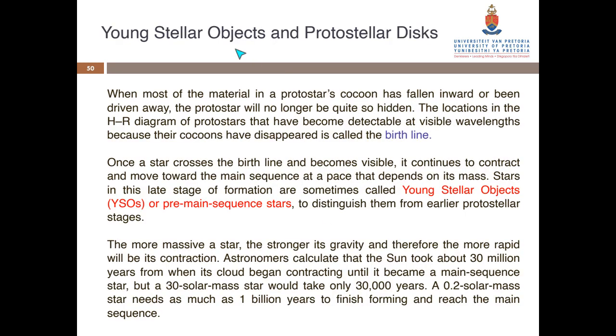When most of the material in a protostar's cocoon has fallen inward or been driven away, the protostar will no longer be quite so hidden. The locations in the HR diagram of protostars that have become detectable at visible wavelengths because their cocoons have disappeared is called the birth line.